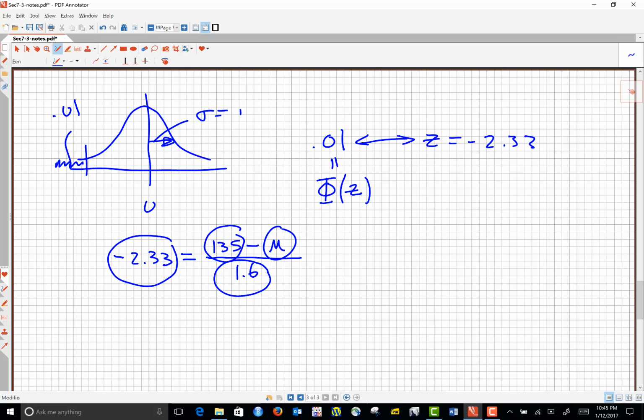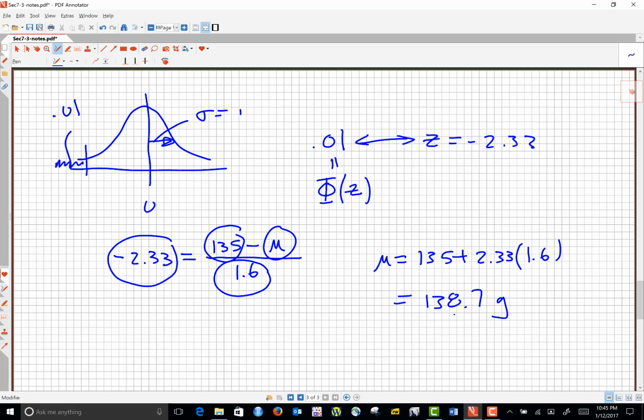And you can check that solving that equation for mu says that I want mu to be 135 plus 2.33 times 1.6. That is, I've got to set the mean at 138.7 grams if I want no more than 1% of the jars to be underfilled, that is, to have less than the label weight content.